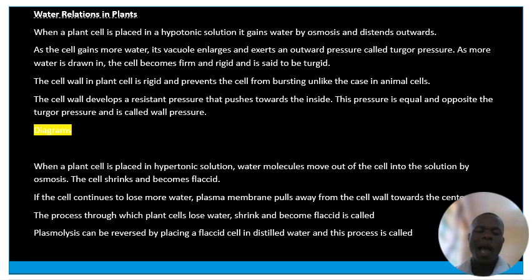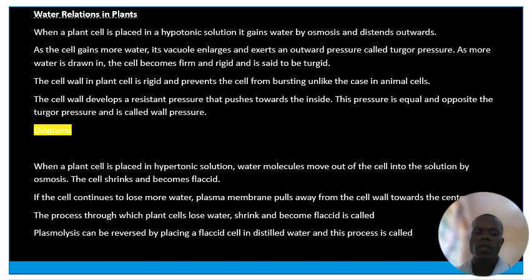Here we are going to talk about how plants relate to different water solutions. When a plant cell is placed in a hypotonic solution, it will gain water by osmosis and distend outwards. As the cell gains more water, its vacuole enlarges and exerts an outward pressure called turgor pressure.